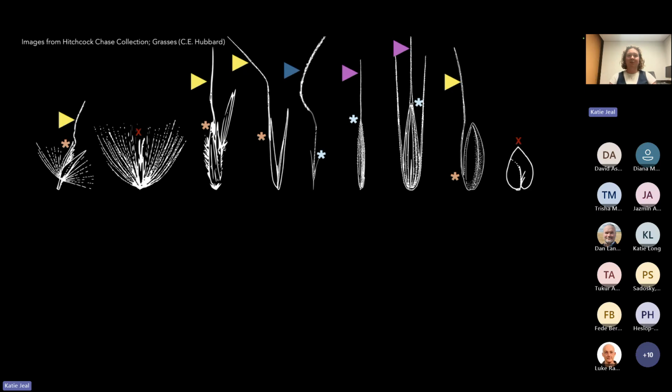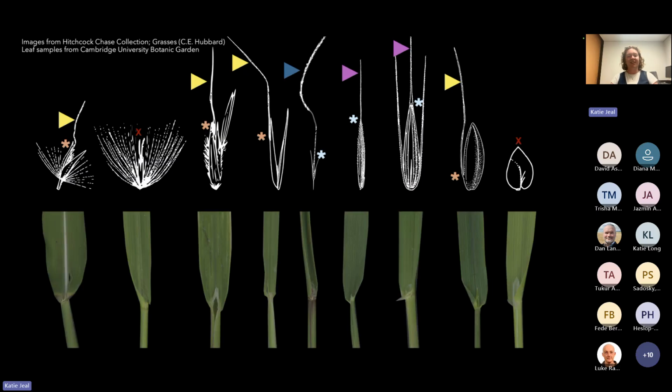But given that the lemma is a leaf-derived bract, it's striking that all of these grasses have the exact same consistent leaf morphology with a sheath and then a blade, which is very consistent and uniform, with virtually no deviation.